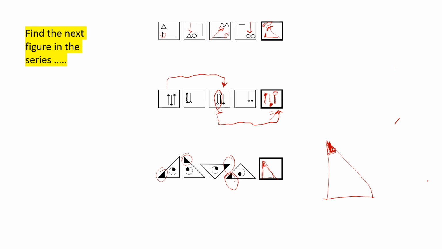So you will have to shift it from 6 o'clock to 12 o'clock with the shaded portion in there, and so it could look like so, or the middle figure could look like that. So there are two possibilities.